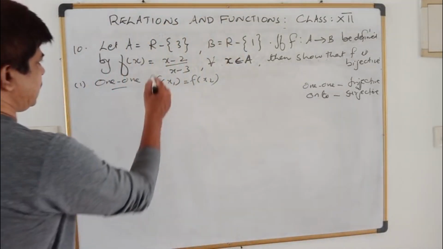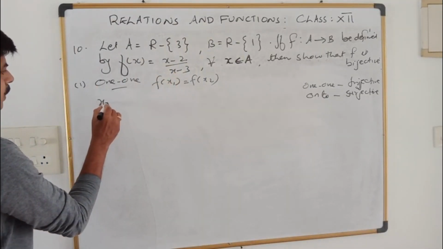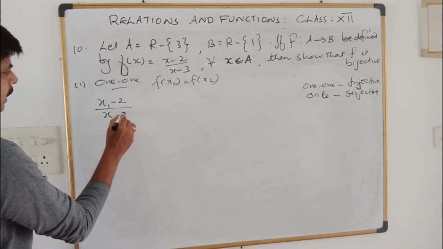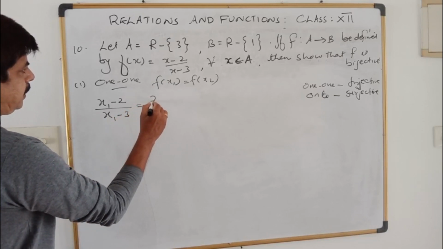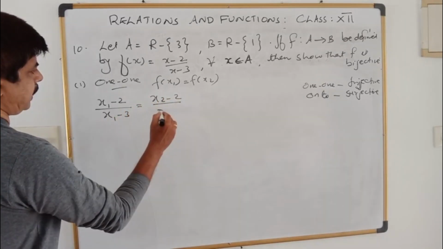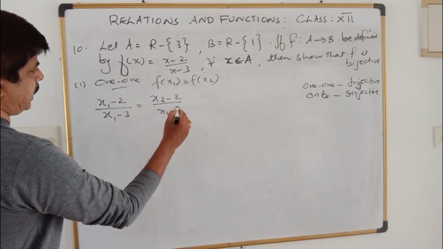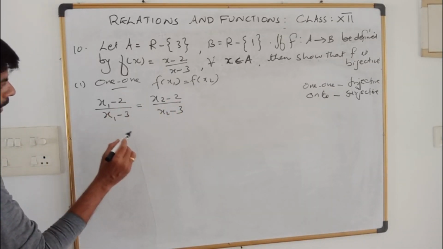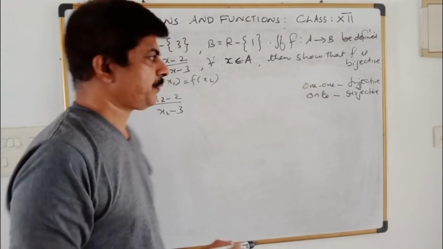So we take this function: f of x1 means (x1 minus 2) by (x1 minus 3), and (x2 minus 2) by (x2 minus 3). So we are simplifying this and proving x1 equal to x2.